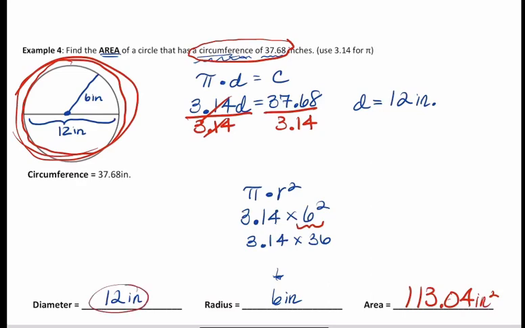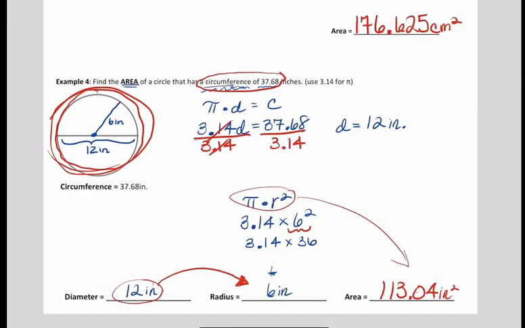And if you know the diameter, that tells you what the radius is, because the radius is half the diameter. And then now that you know the radius, you can plug it into the area formula, pi times radius squared. And that gave us 113.04 square inches. So that was that. Sorry if that was kind of confusing.